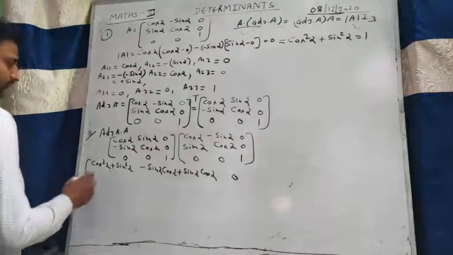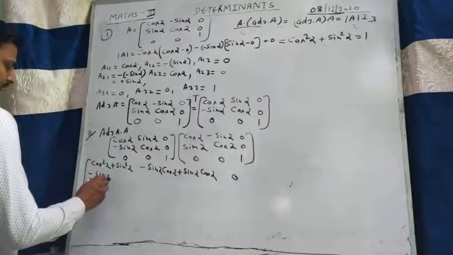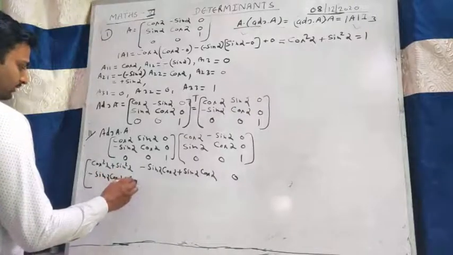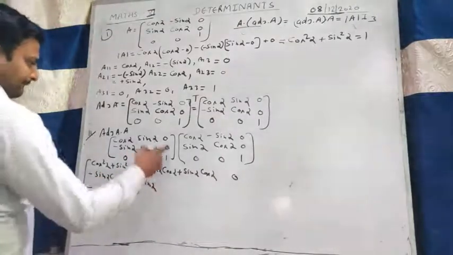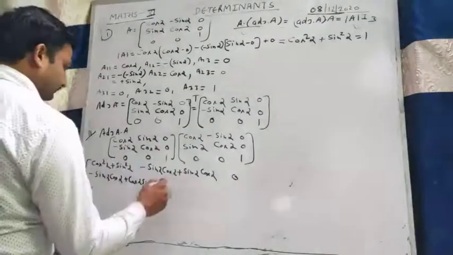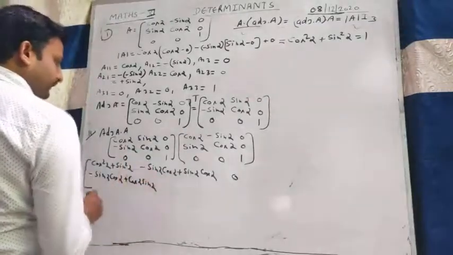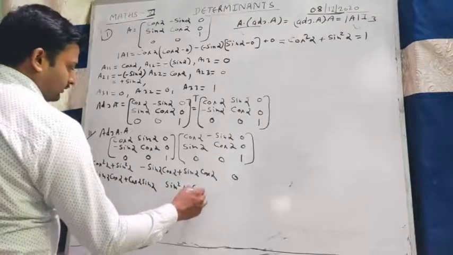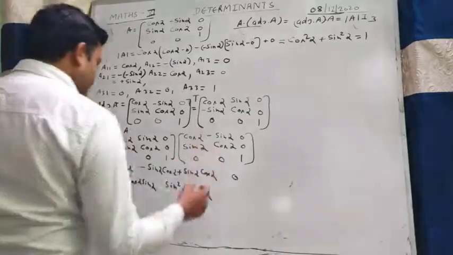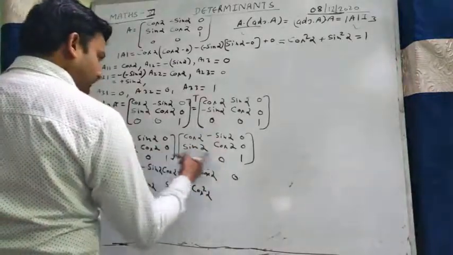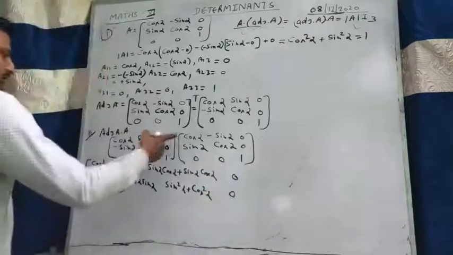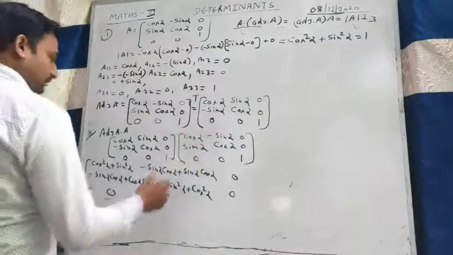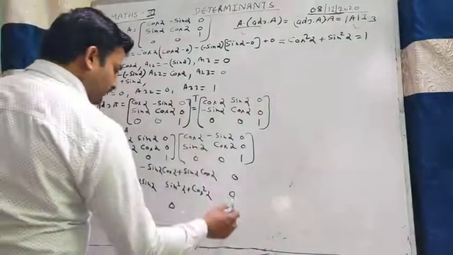Now multiply this: minus sin alpha cos alpha plus cos alpha sin alpha, and 0. Now multiply this: sin square alpha plus cos square alpha, and third term is 0. Again 0, 0 and 0. So this term will be 0 again, 0 and 0, 0, 0 and 0, and this is 1.